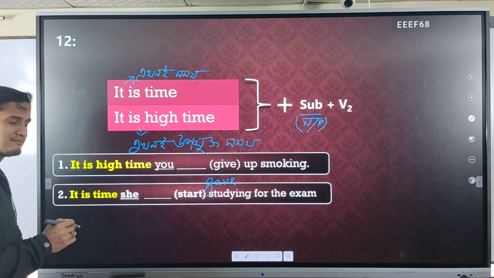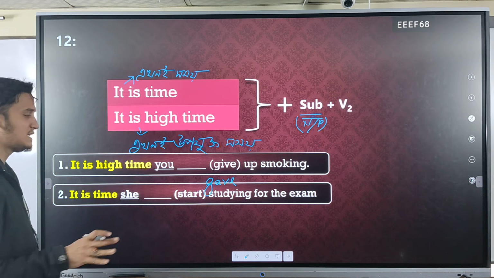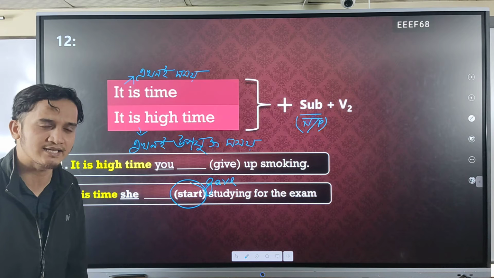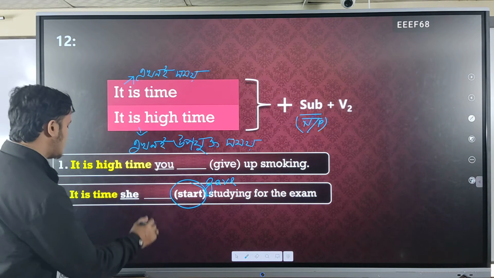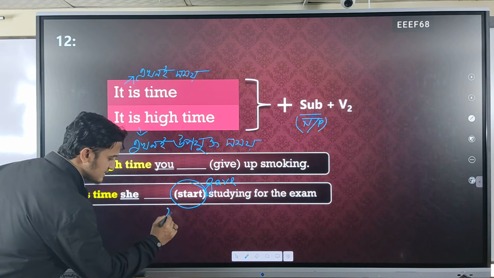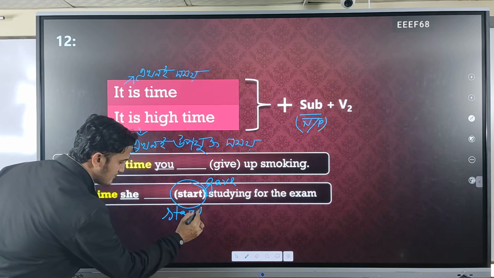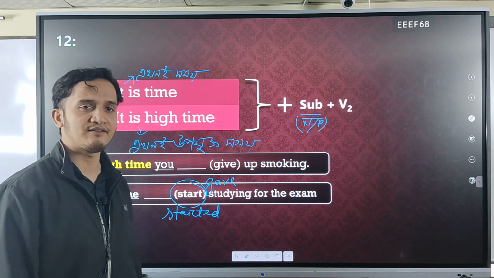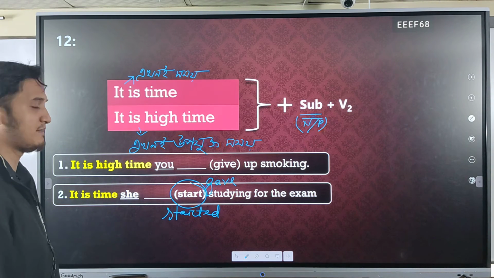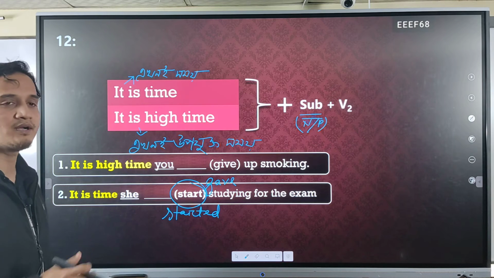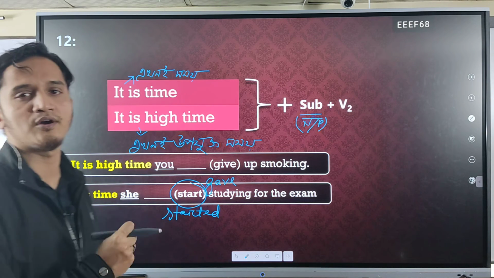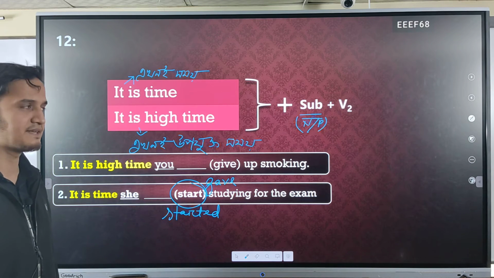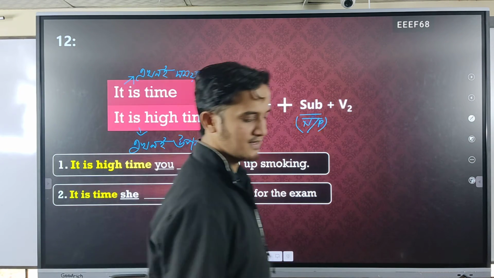It is time she, the problem verb for you is start in the bracket. So what can you write here? In the simple past form, start is started. It is time she started studying for the exam. So notice what the Bangla meaning is: it is time for her to study for the exam, that is, this is the perfect time for her to study for the exam. Clear? I think it's clear to you now.